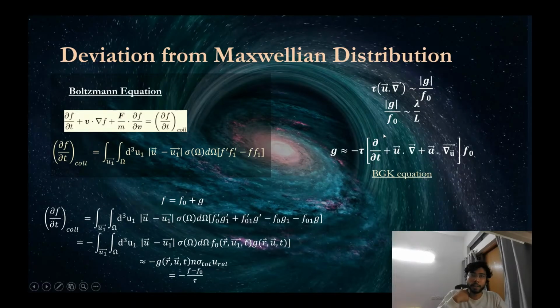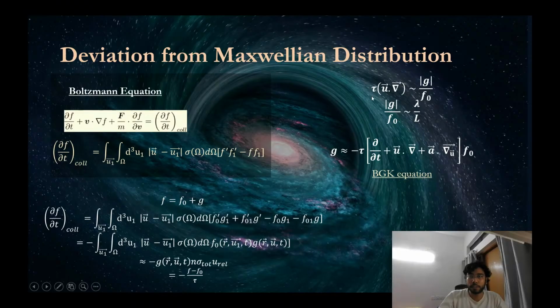These order of magnitude calculations are very important in physics sometimes. What we try to see from here is what should be the order of magnitude of g or lambda or L such that the g term becomes significant.